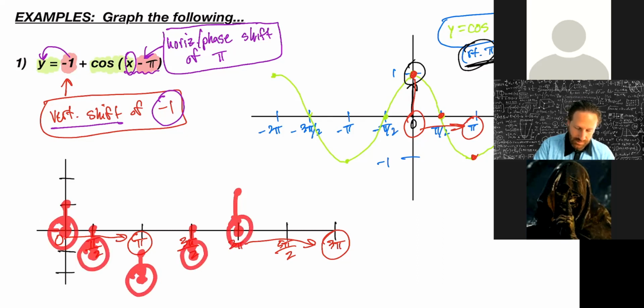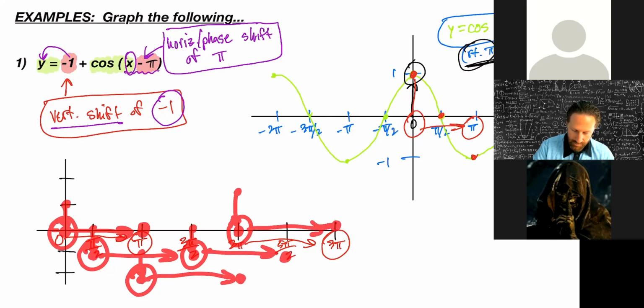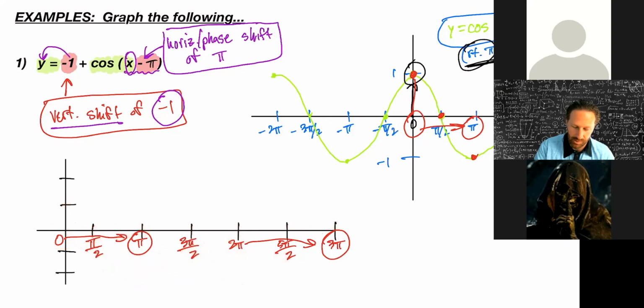So now I'll take these and I'll shift them right pi. So that one would go there. That one would go there. That one would go here. This one there. And that one there. So my final graph, you know, it's hard to see with all of those. That's why I don't like doing all this at the same time, would look like this.